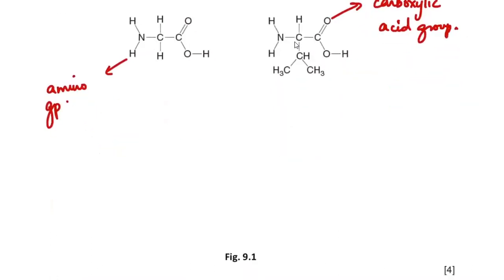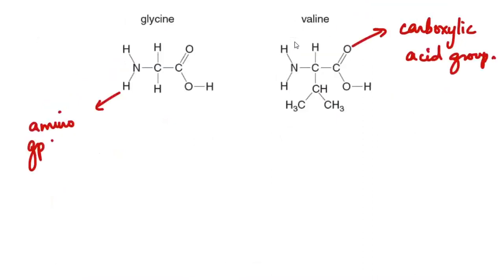Okay. Now what should I do? In order to show a condensation reaction between these two, so that they give you a dipeptide, which I'm going to draw here. So is this how I draw a dipeptide?